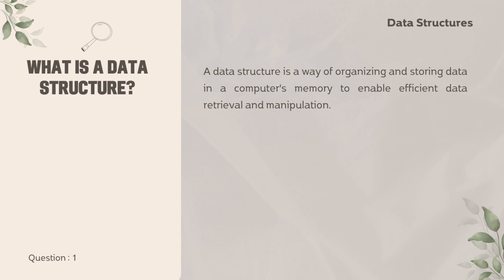For example, some data may be best organized in a sequential manner, while others may need to be arranged hierarchically or as interconnected elements. Selecting the appropriate data structure for a particular problem or scenario is crucial for ensuring efficient operations and minimizing resource usage. That's why we need to study data structures elaborately.